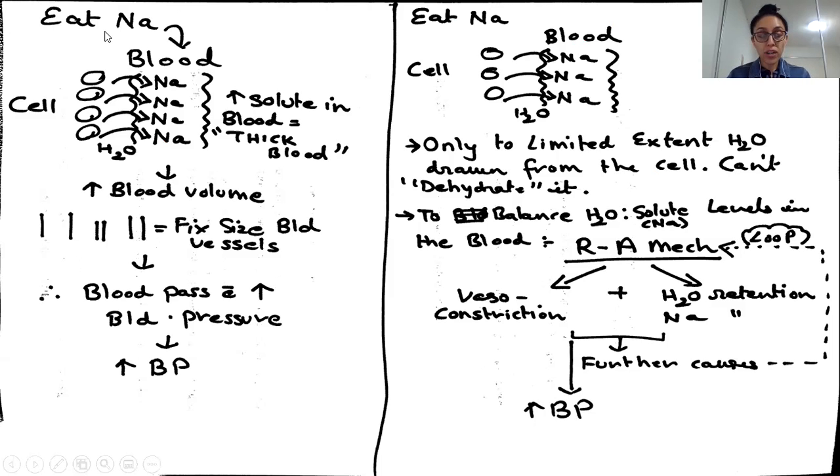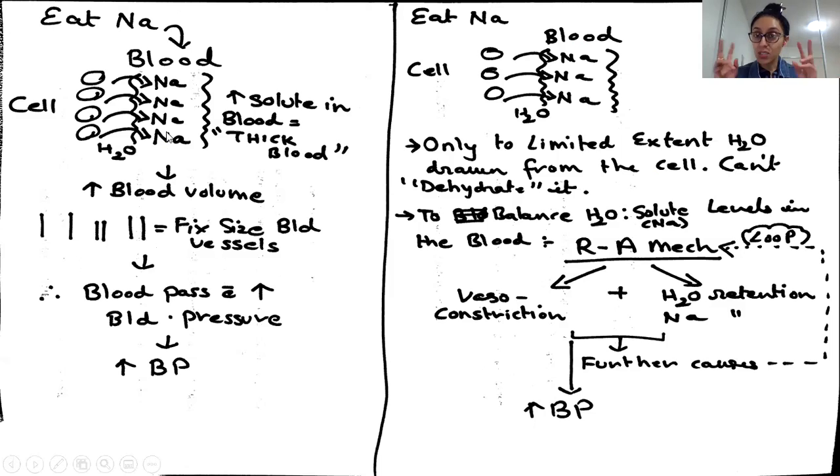All right, so what happens is that when an individual eats a lot of sodium, now let's think about processed foods, these electrolytes don't need insulin for their absorption. So you have all these electrolytes now in your blood, a lot of sodium in your blood, all right?